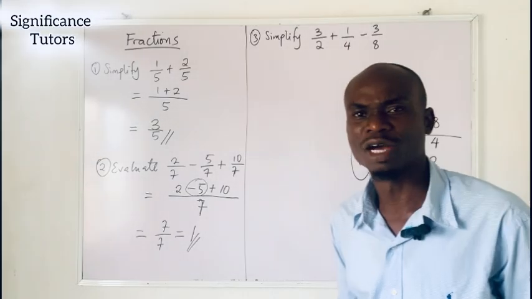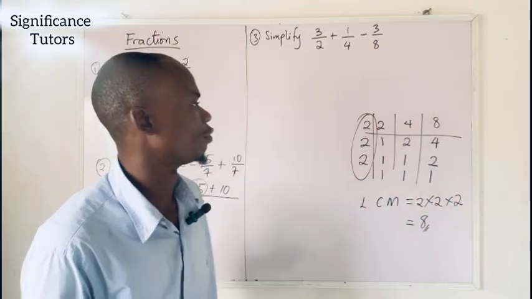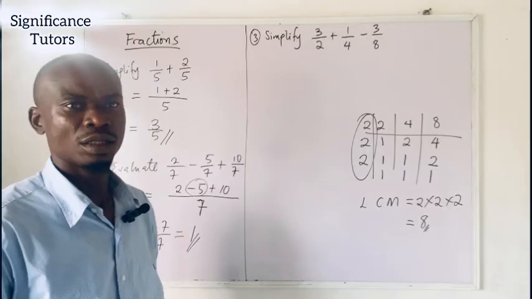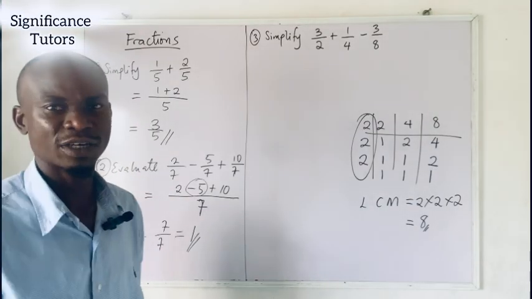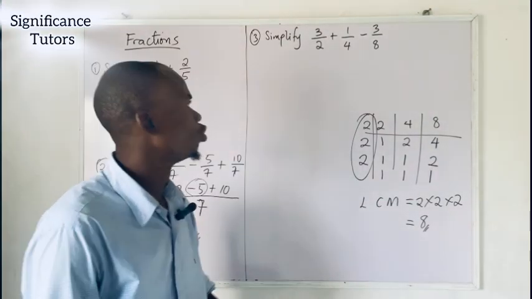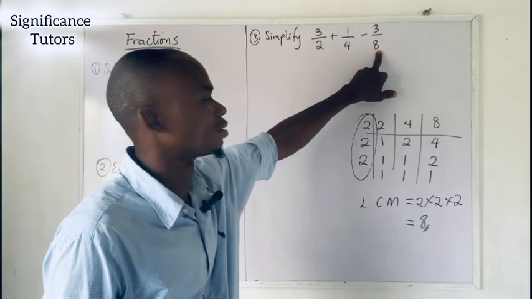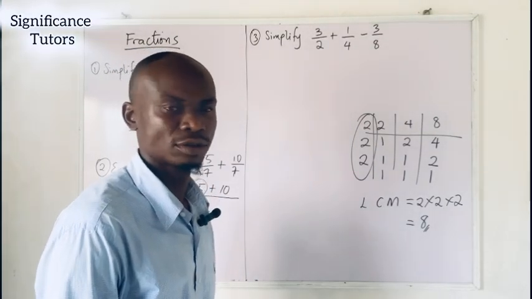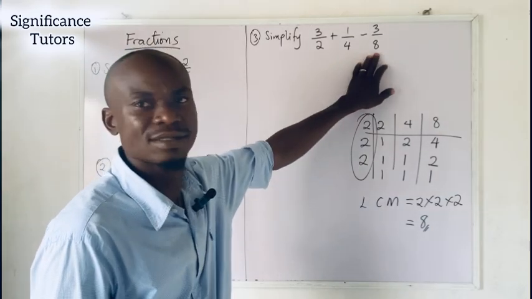But there's another way you can find the LCM of different numbers instead of drawing this out and doing all this division. The other way you can find it, especially for an advanced student, is to look at the highest number among the 3 digits or denominators. From here, the highest is 8.